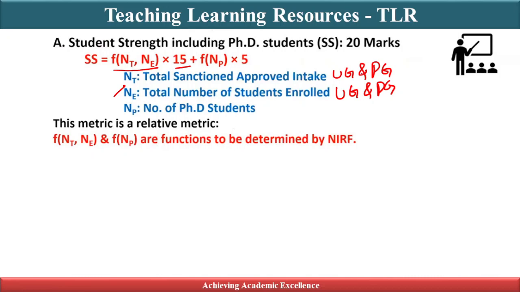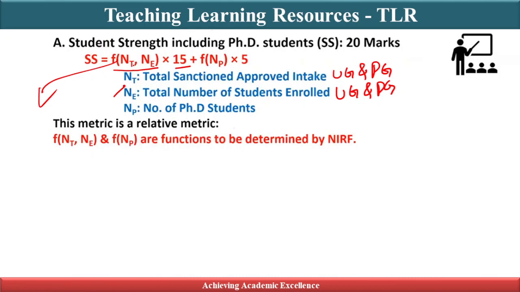We can say this is enrollment ratio. This F of NT comma NE is the enrollment ratio of UG and PG students. What is enrollment ratio? Total number of students enrolled divided by total number of sanctioned approved intake.